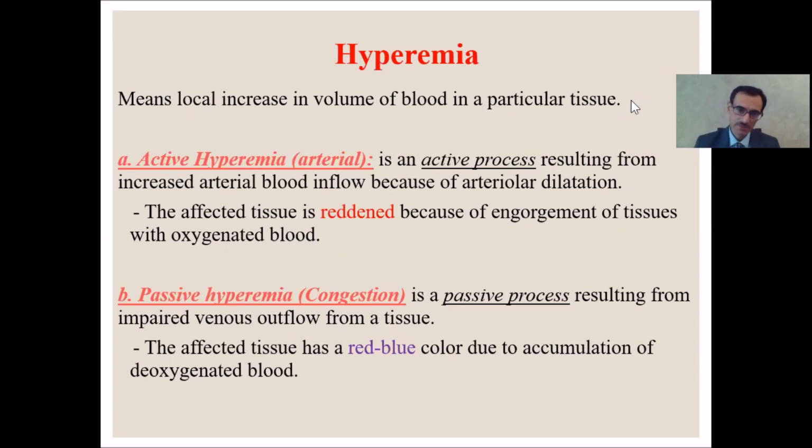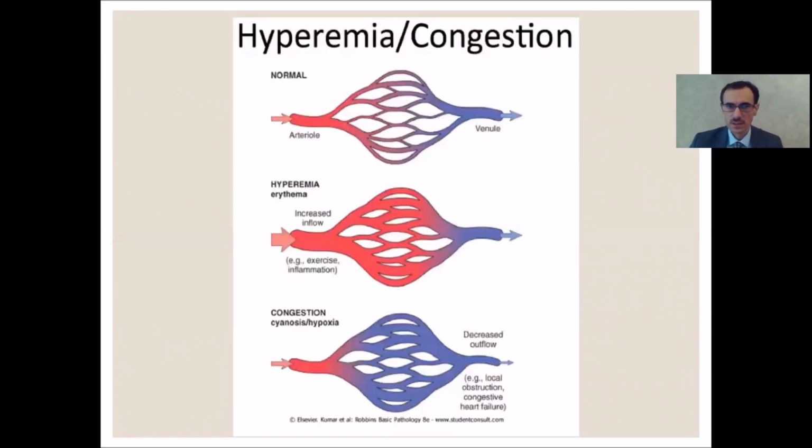Passive hyperemia is a passive process resulting from impaired venous outflow from a tissue. So the affected tissue has a red-blue color due to the accumulation of deoxygenated blood. Here is the illustration of the normal arterial microcirculatory network.